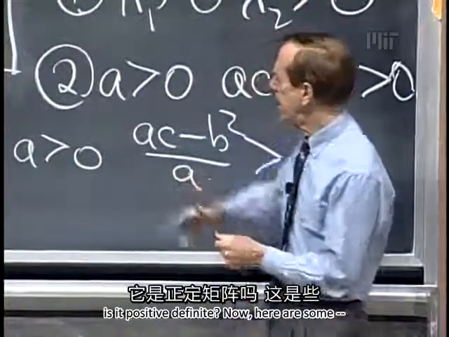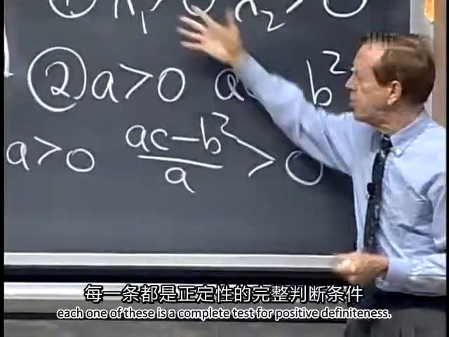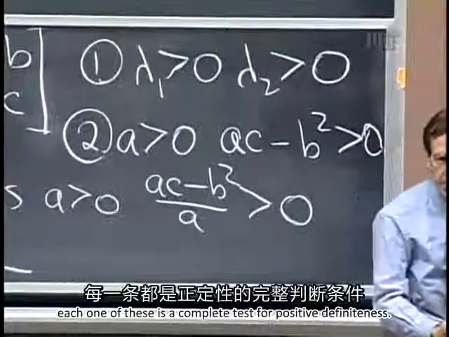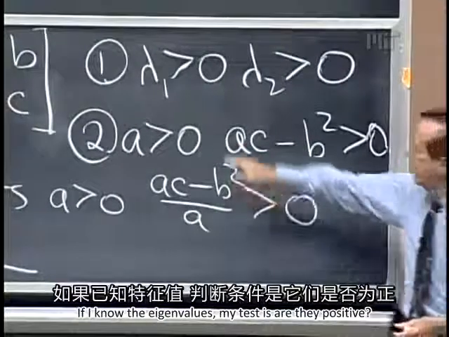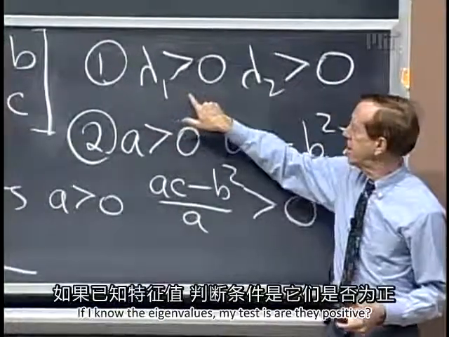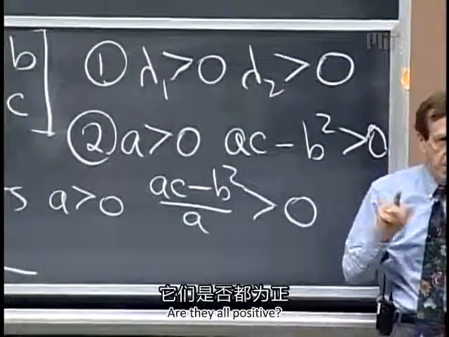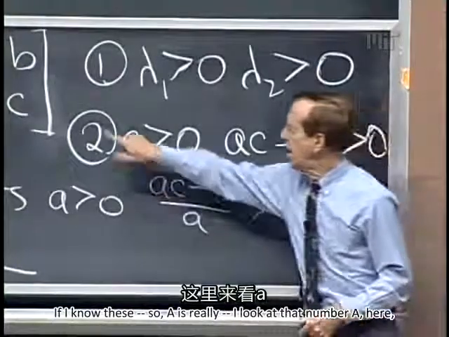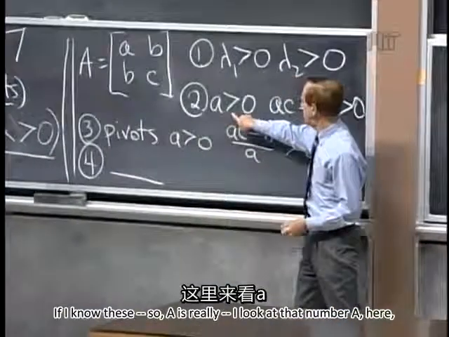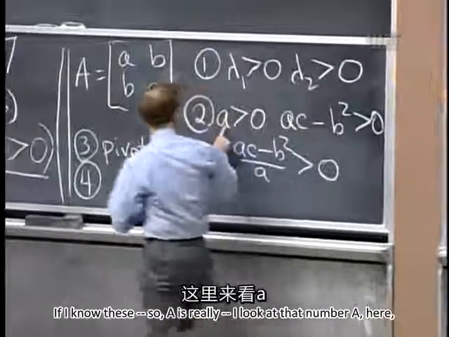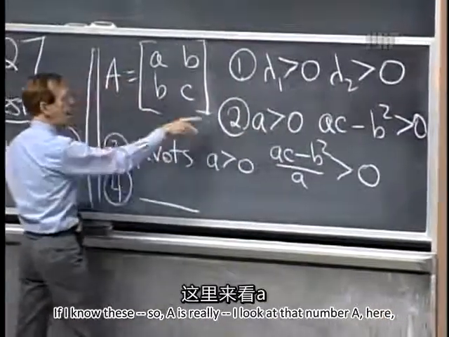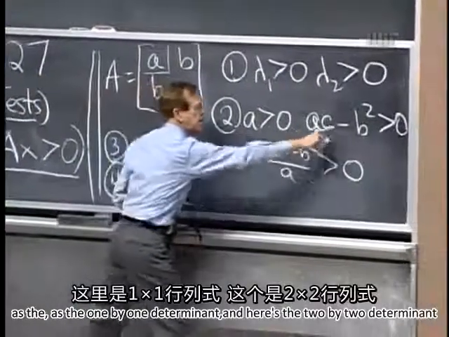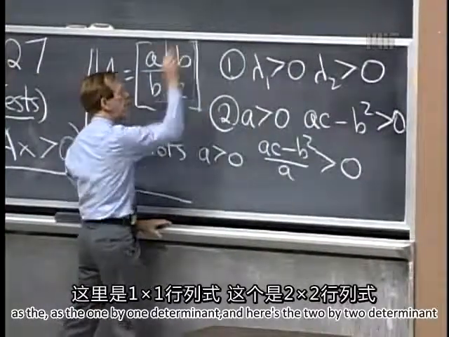Now here are some tests. Each one of these is a complete test for positive definiteness. If I know the eigenvalues, my test is, are they all positive? I look at that number A here as the 1 by 1 determinant, and here's the 2 by 2 determinant.